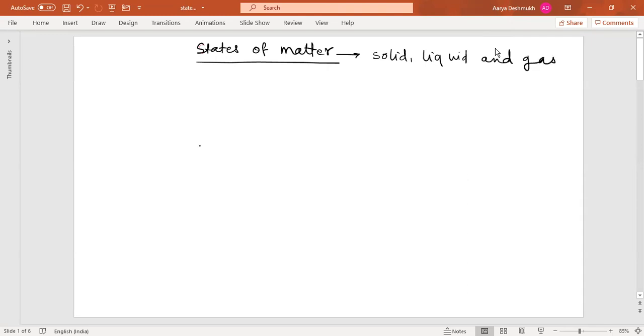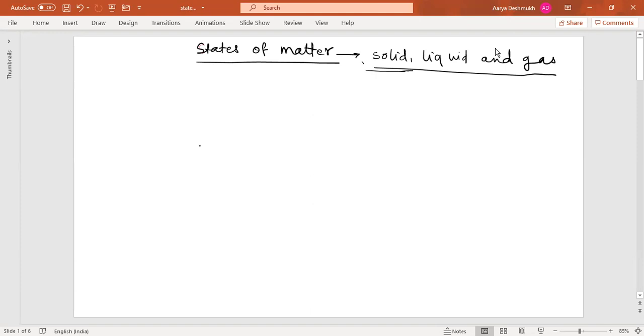Now, in these three different states of matter, the intermolecular forces are always there in between these, and depending on those intermolecular forces or the strength of intermolecular forces which exist between the molecules, the three states of matter exist.